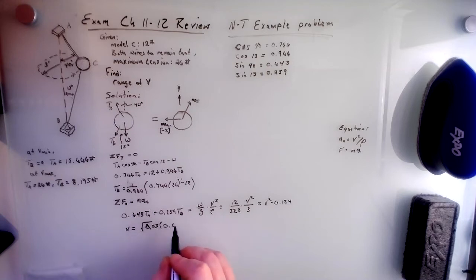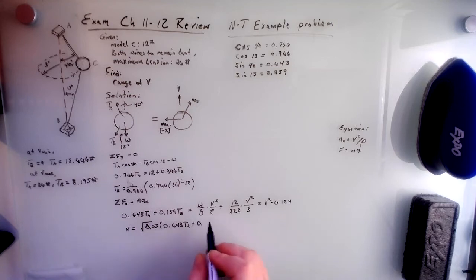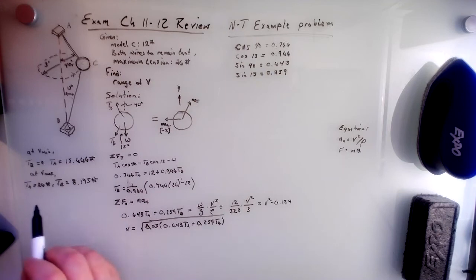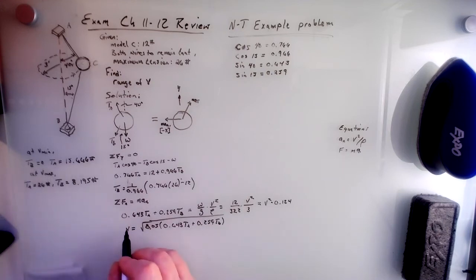So 0.643 times tension A plus 0.259 times the tension in B. And now I have an equation, and I can just feed these values in to get both. Let's go with V min.